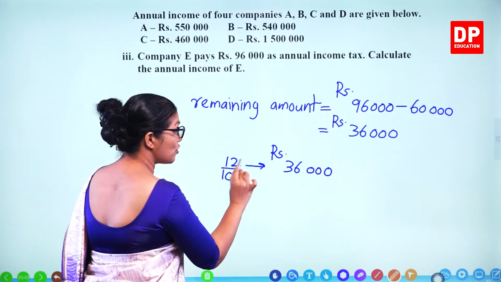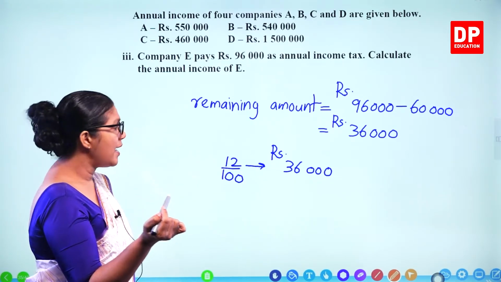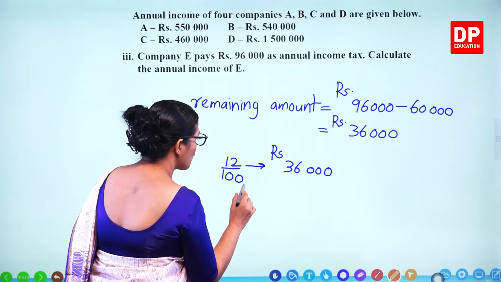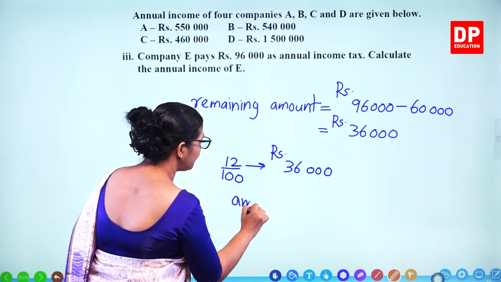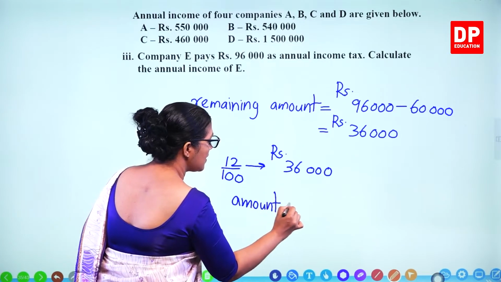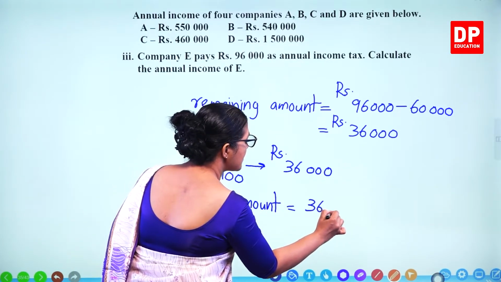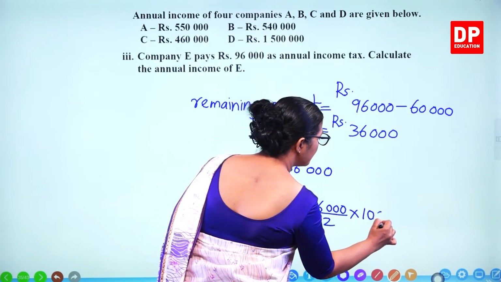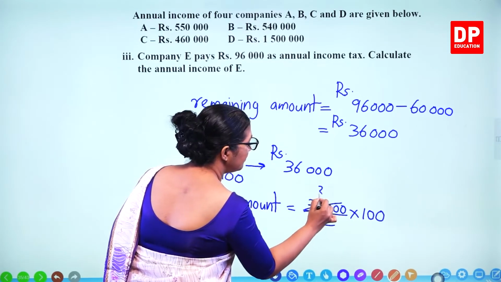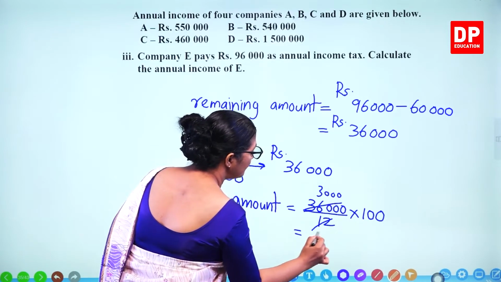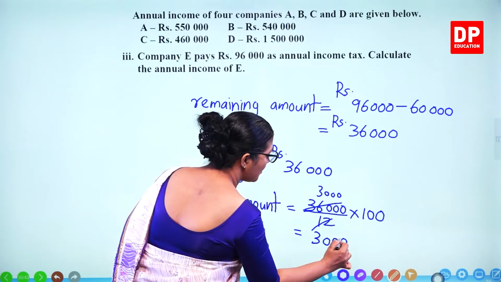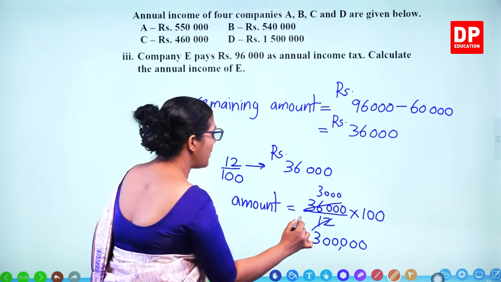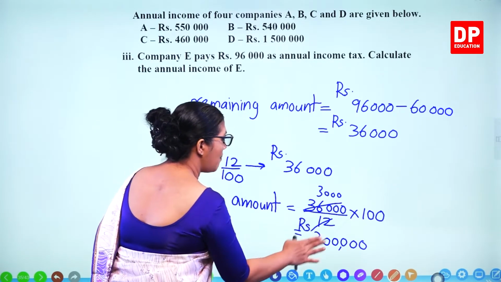So that means you have to divide by 12 and multiply by 100, because 12 parts of 100 is this much. So amount is equal to 36,000 rupees divided by 12 and multiplied by 100. 3 with 5 zeros. 300,000 rupees is the amount there.